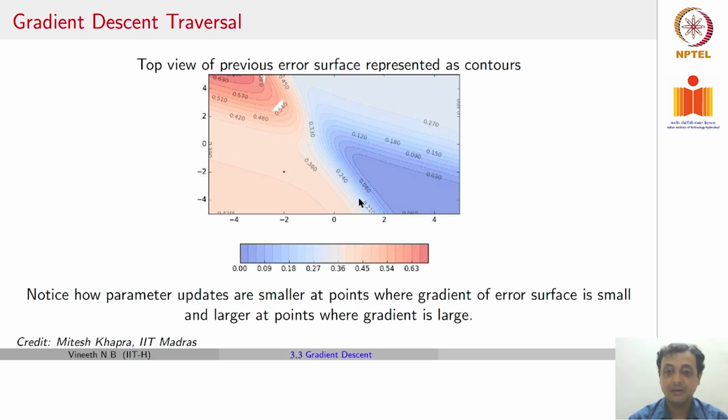Remember, we said that these are points which have a lesser gradient, the blue areas, and the red areas have a higher error value. And whenever the gradient of the error surface is small, the parameter updates are small, and whenever the gradient is large, these are points where the gradient is large, the parameter updates are also large on those particular points.